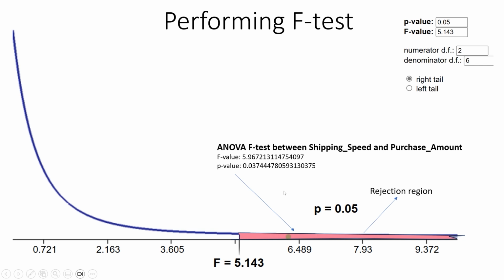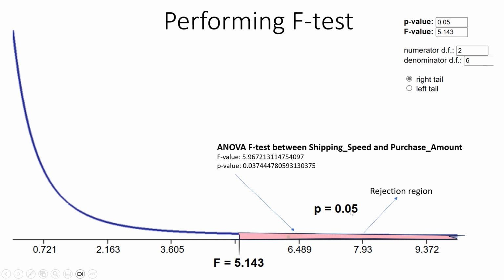Now we will work this out with respect to the probability value. The observed p-value for the F is 0.037. Our level of significance is 0.05, so 0.037 is clearly lesser than 0.05. What does that mean?